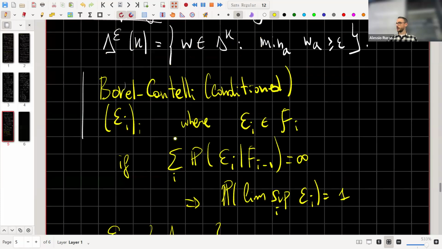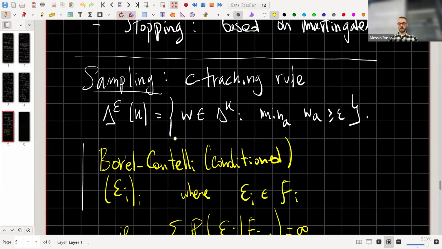F_{i-1} is all the data we have observed so far. But if we constrain the Ws to belong to this set, and then we sample the arm according to any W from this set, we know that the minimum probability is epsilon.